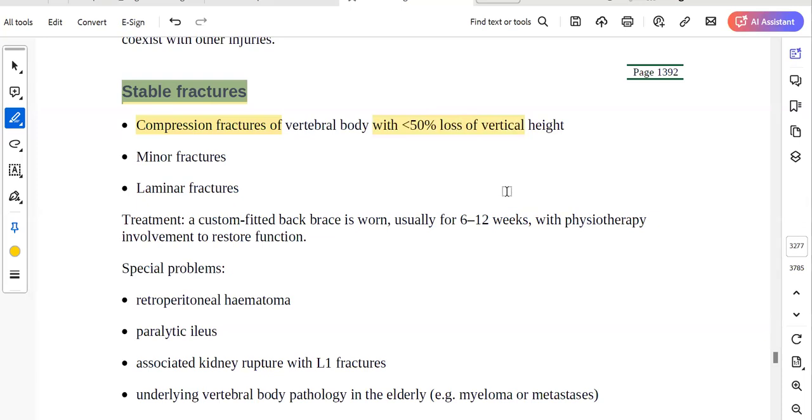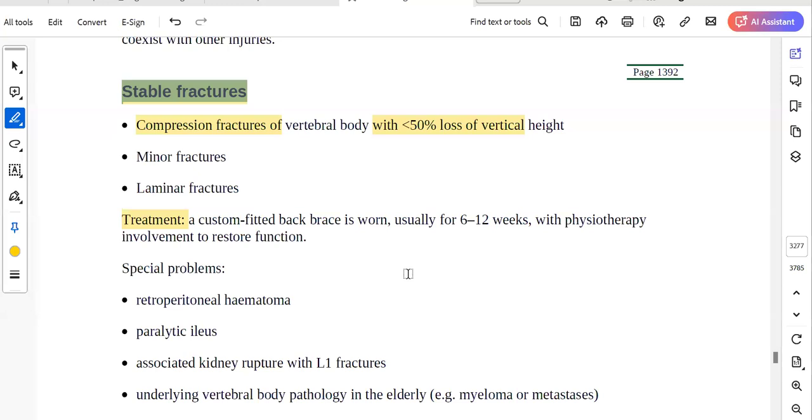So a compression fracture is one of the most important fractures that we need to rule out in a vertebral fracture. And compression fracture mainly happens in elderly patients who can suffer from osteoporosis, which has a high risk of fracture anyway. And if it is just a minor fracture, then it's also stable.